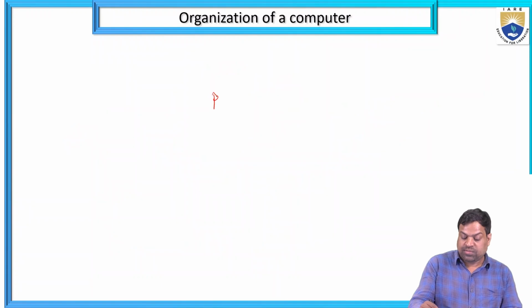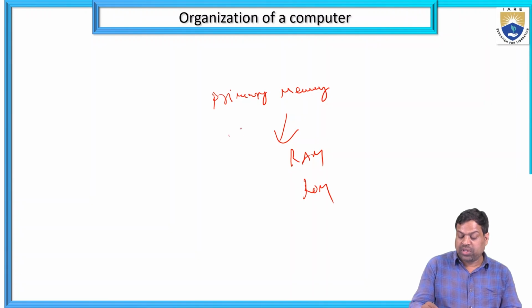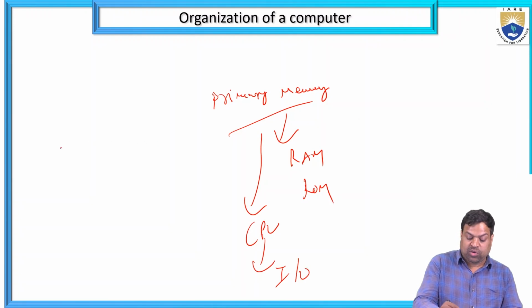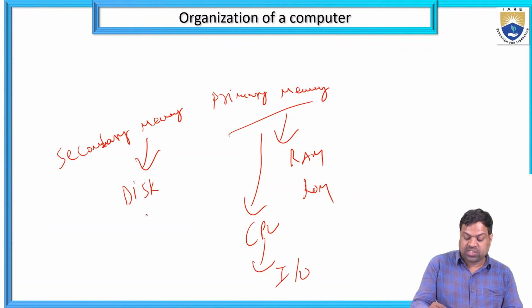So in this, the primary memory is connected to the CPU and is connected to input output like this. When I'm going for the secondary memory, suppose I'm taking secondary memory as a disk or hard disk, or external memory.